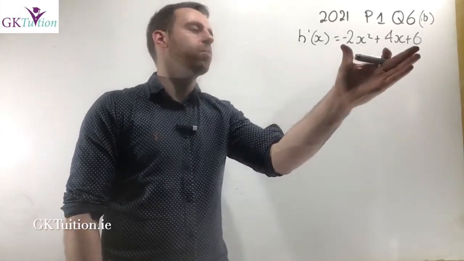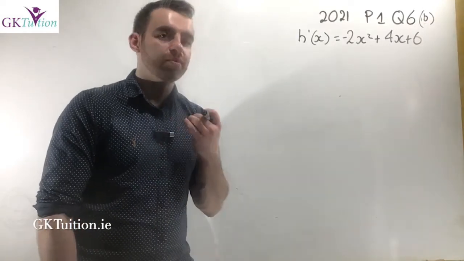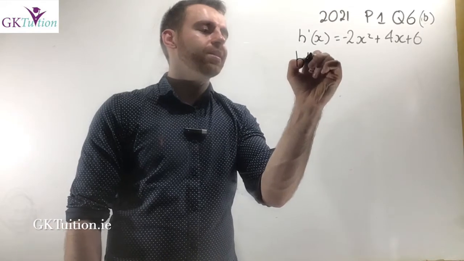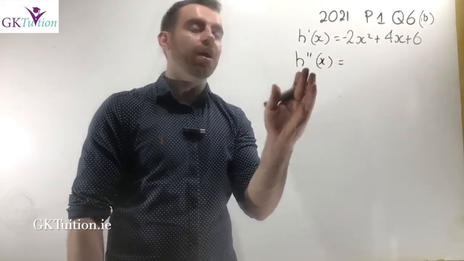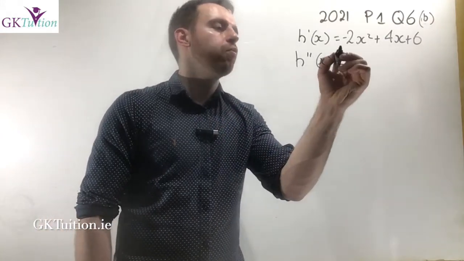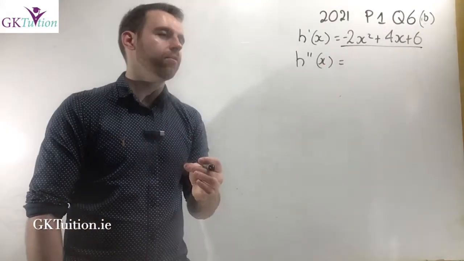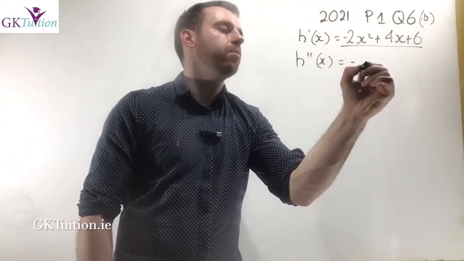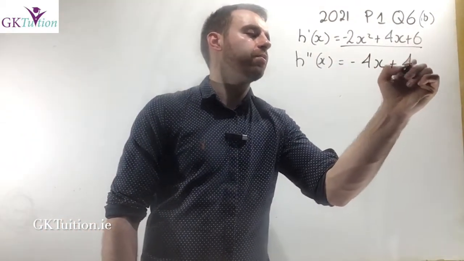So to find the maximum of this, I need to get the derivative. And because we're already on the first derivative, this is actually the second derivative of h of x. However, it's the first derivative of what we're trying to find the maximum of. I want the maximum of this. So its first derivative will be minus 4x plus 4.